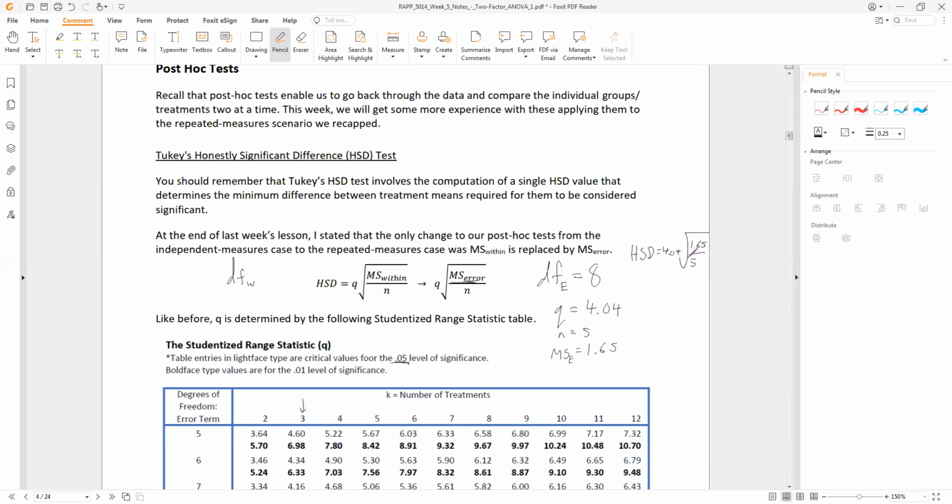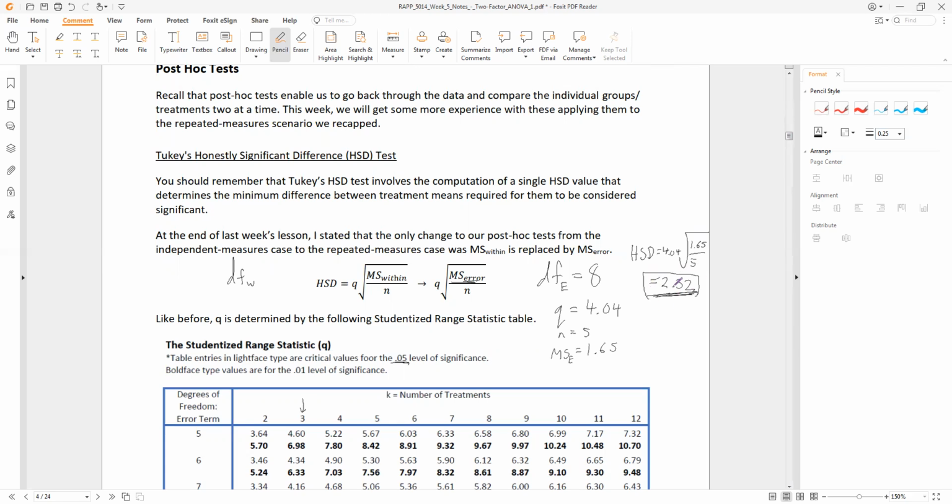And I can plug that in my calculator and I get 2.32. That's my HSD, my honestly significant difference.